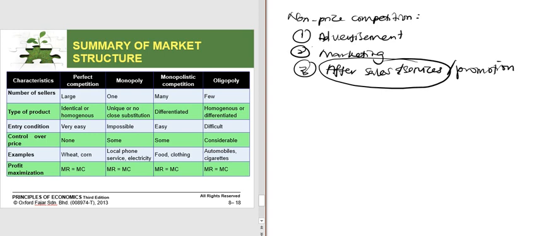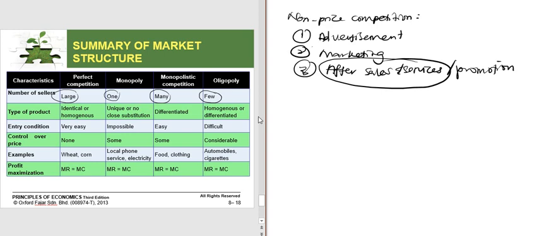In perfect competition, there are a lot of sellers, many sellers. In monopoly, there is only one seller, a single seller. In monopolistic competition, there are also many sellers like perfect competition. In oligopoly, there are only a few, not too many, but not just one. So that is only a few.